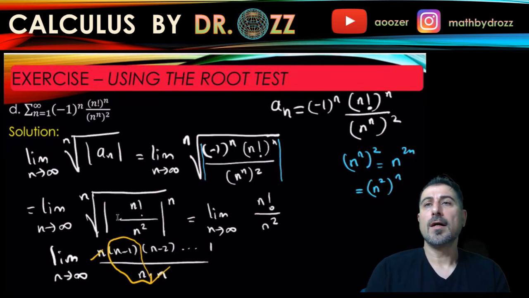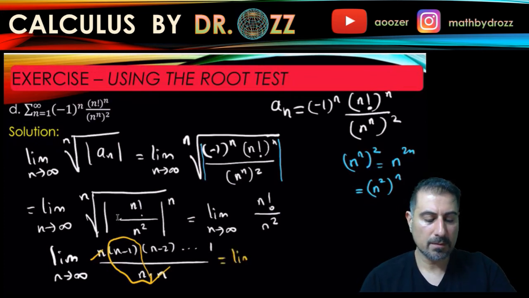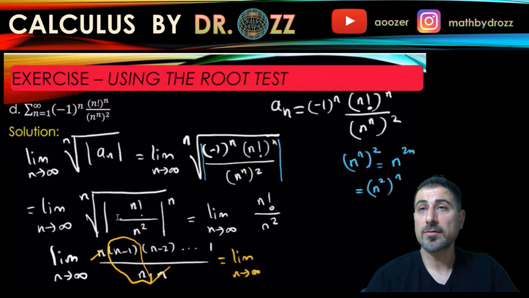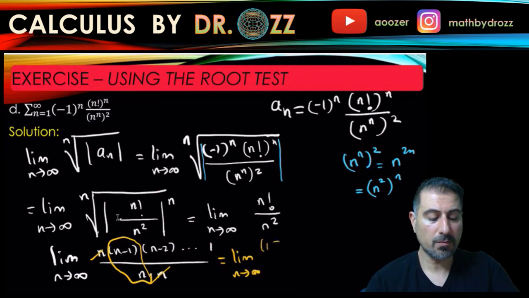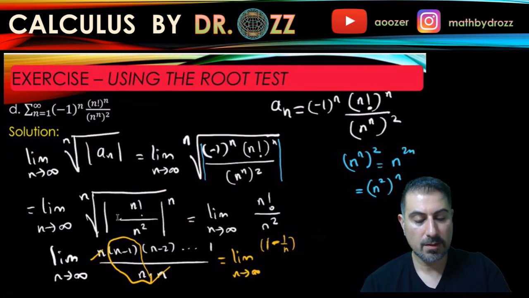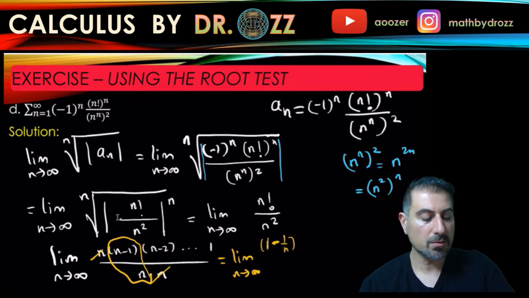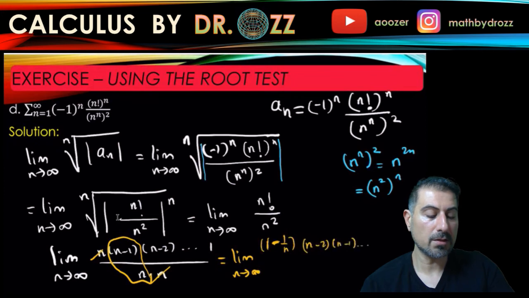You can also see this by rewriting this by just dividing everything by n. So this is 1 minus 1 over n, 1 minus 2 over n, and so on. Let's just divide this top expression by n, and then just keep the other terms, n minus 1 and so on.